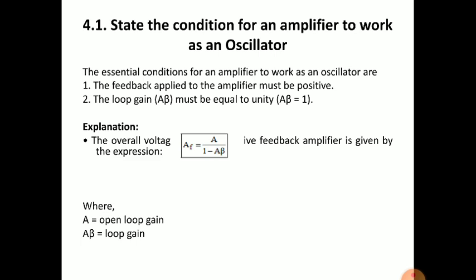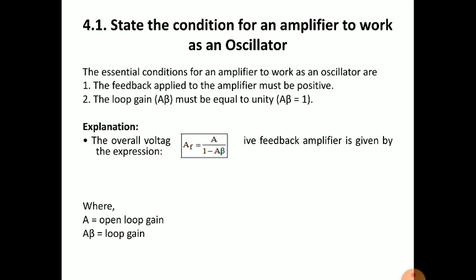So the overall loop gain will become A beta. So the essential conditions to work as an oscillator: feedback applied to the amplifier must be positive.